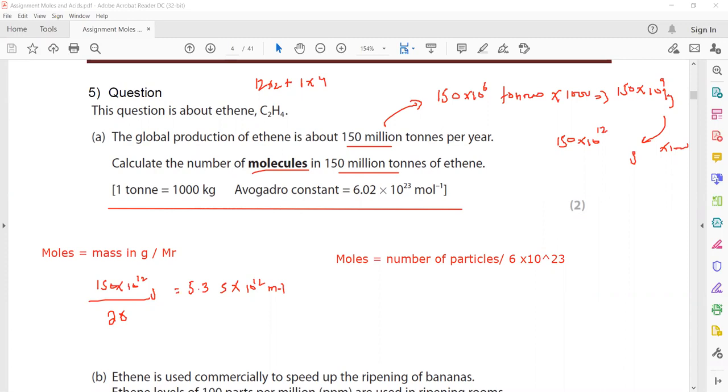The number of particles will be moles multiplied by Avogadro's number. The moles are 5.35 into 10 to the power 12, number of particles is unknown, and Avogadro's number is 6 exponent 23. So this will be multiplied. We'll get the number of particles as 3.22 into 10 to the power 36 particles for ethene.